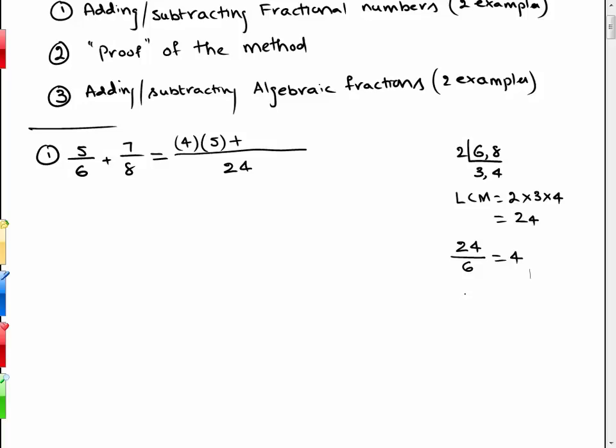That is, go to the side and figure out what 24 over 8 is, and that happens to be 3. Take that quotient 3, and this time, because we divided by the second denominator, use the second numerator to multiply this quotient with. It's just a matter of simply multiplying this out, and that equals 41 over 24.